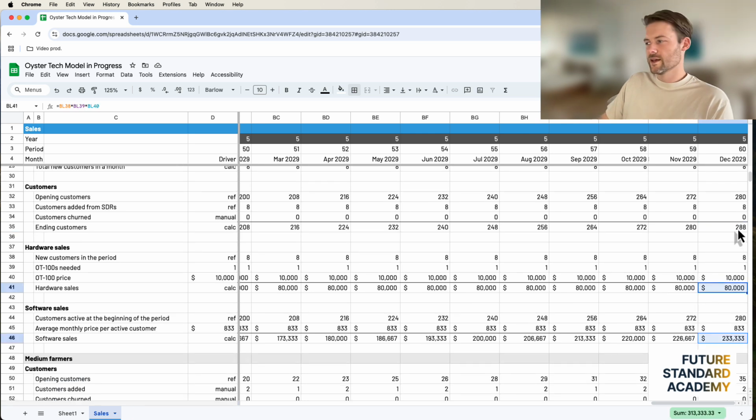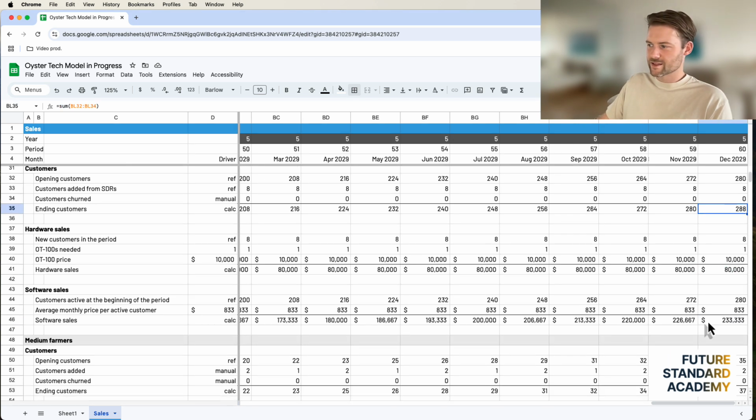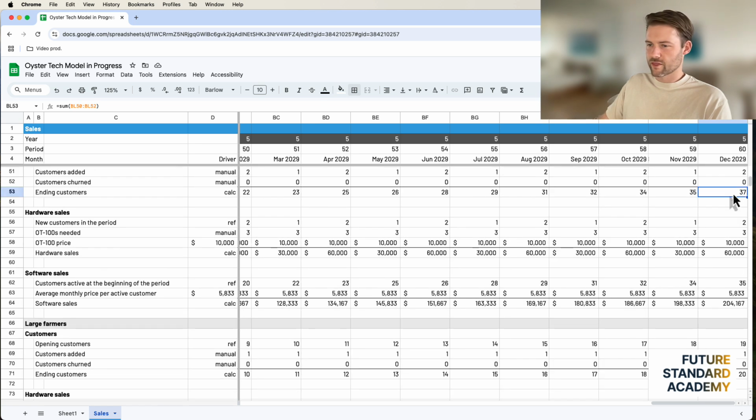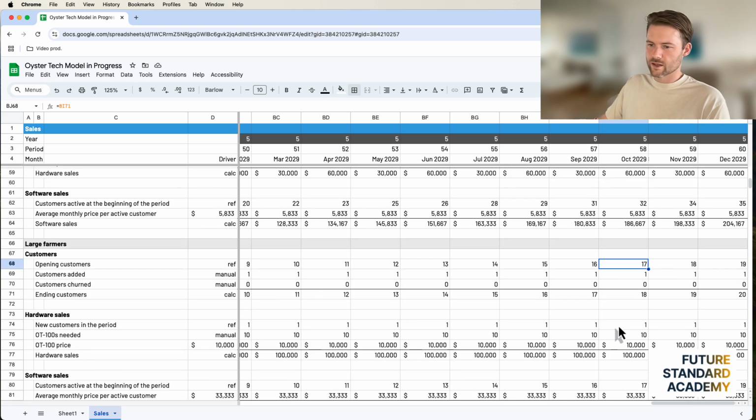But you can see based on about the same amount of monthly sales between small and medium, it takes 288 small customers as compared to 37 medium customers to meet about the same sales results. So you can imagine who you want to work with more. And it depends. But in this case, medium and large are better for Oyster Tech.